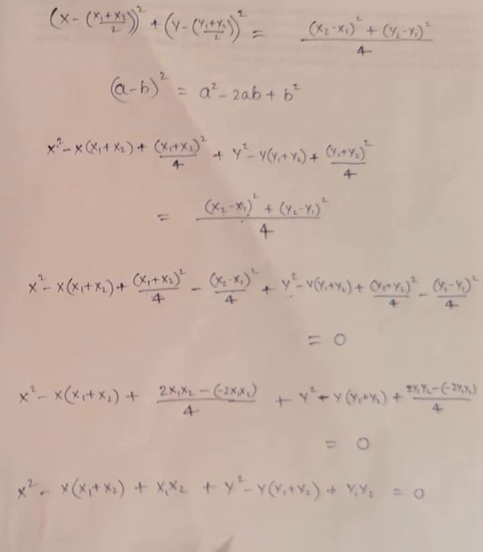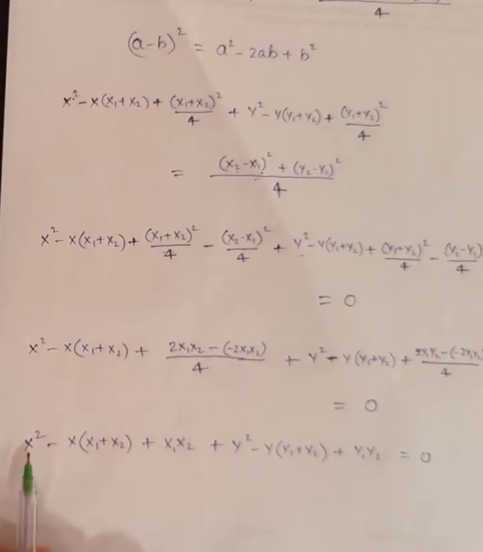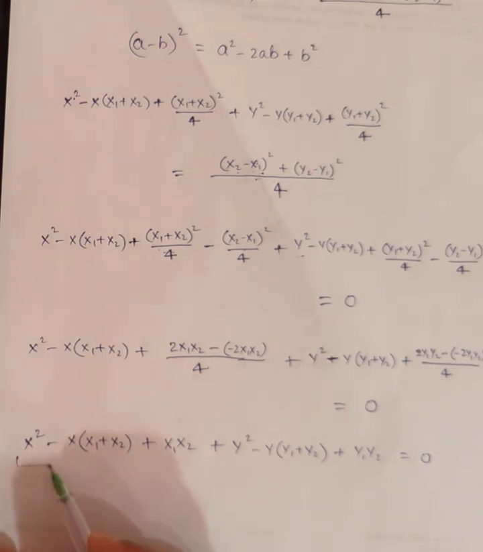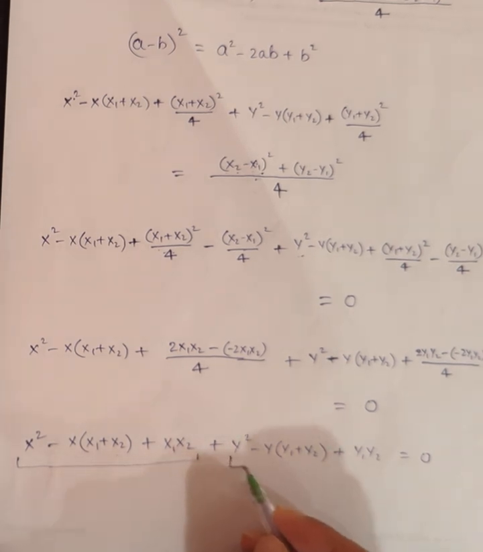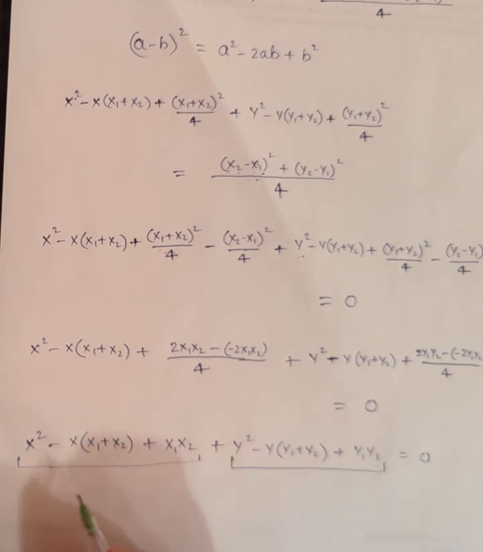Now notice that these three terms, x squared minus x times (x1 plus x2) plus x1 x2, can be factored. This is a quadratic expression in x, where the coefficient of x is the negative sum of x1 and x2, and the constant term is the product of x1 and x2. Now, how can I factor this?